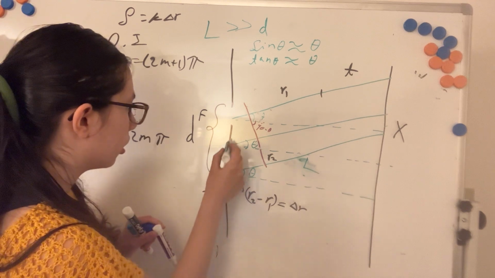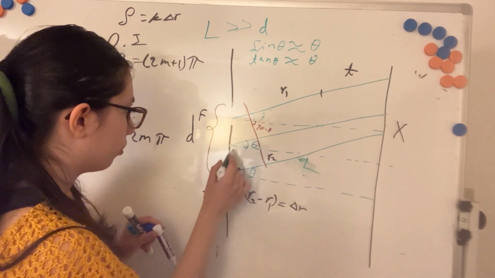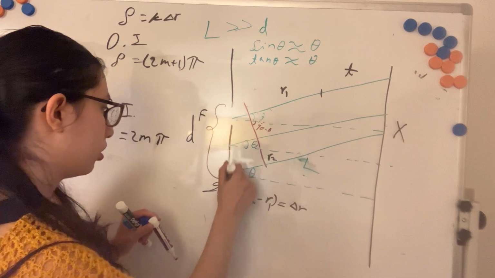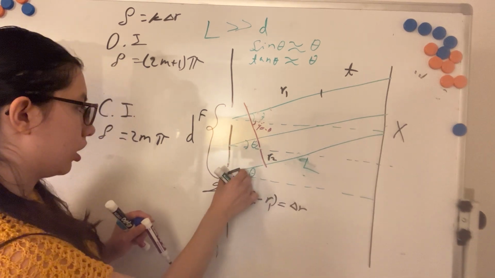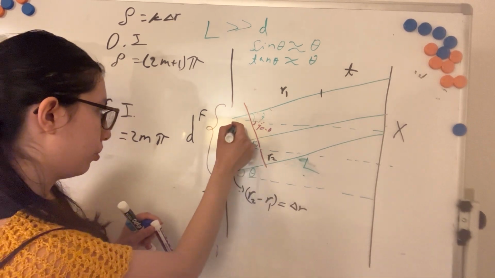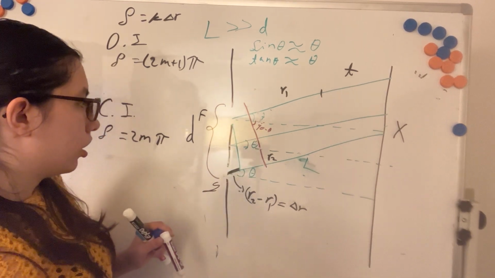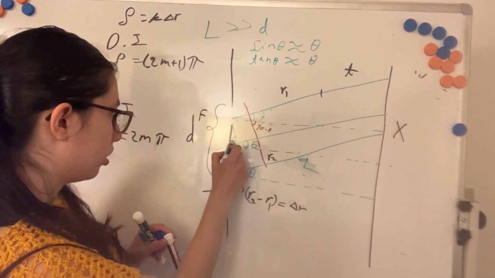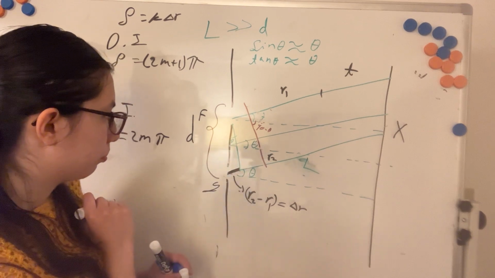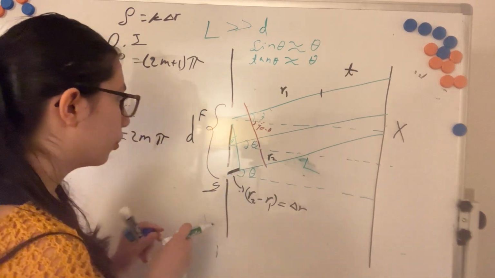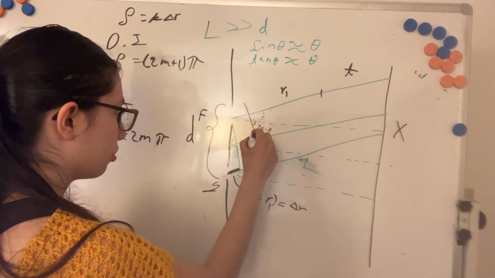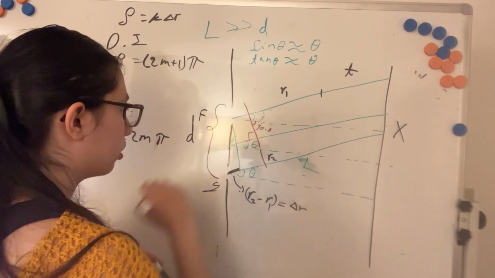On the other hand, let's say now we want to know this angle. This is the difference in the path traveled, so I want to know this angle theta. So I have that this is also 90.